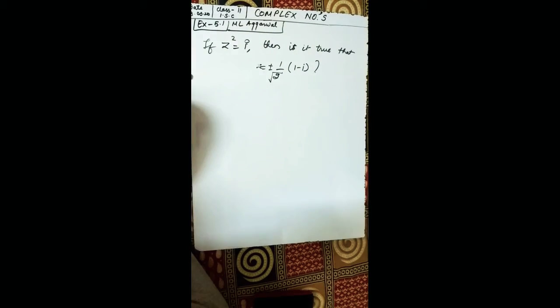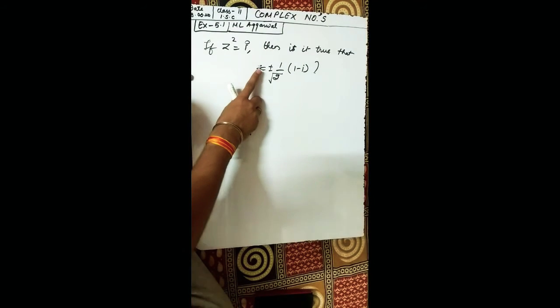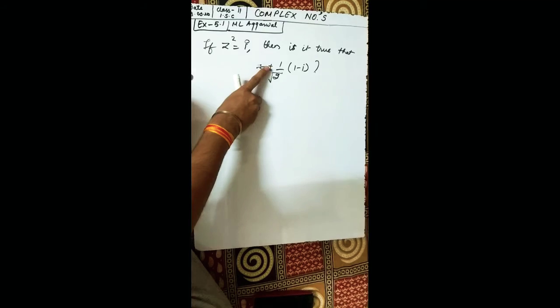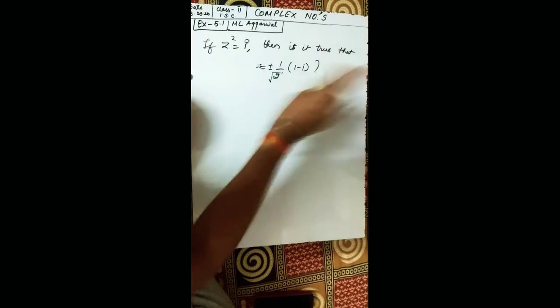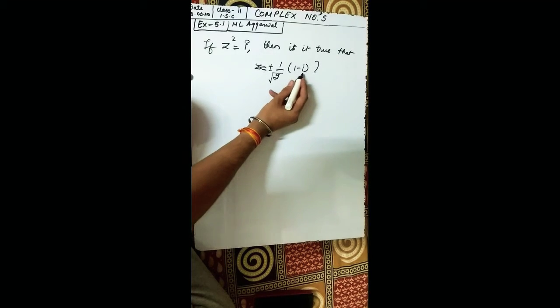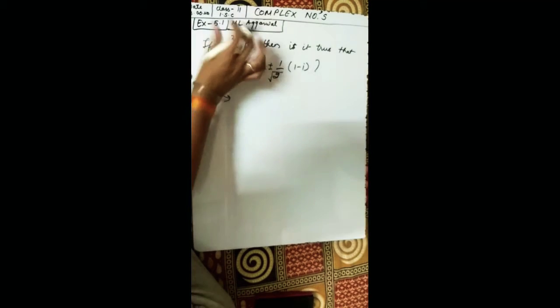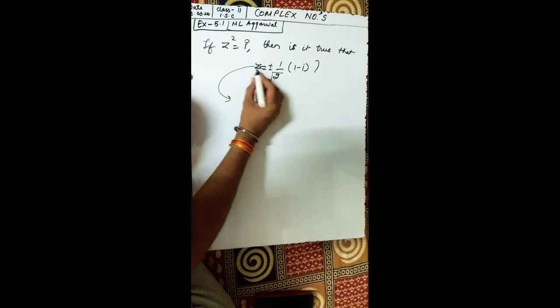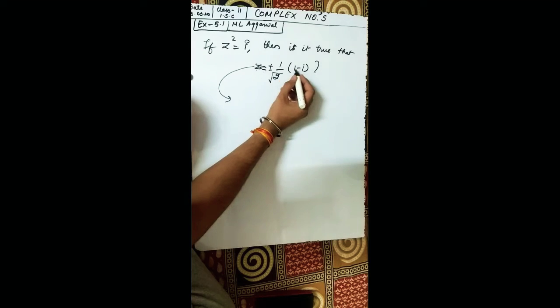We are given that z square is equal to i. Is it true that z is equal to plus minus 1 upon under root 2 times (1 minus i)? So let us take this and try to prove this equation. z is equal to plus minus 1 upon under root 2 times (1 minus i).